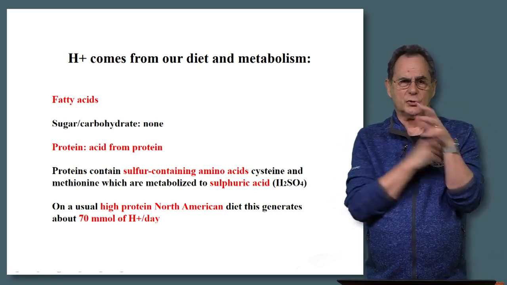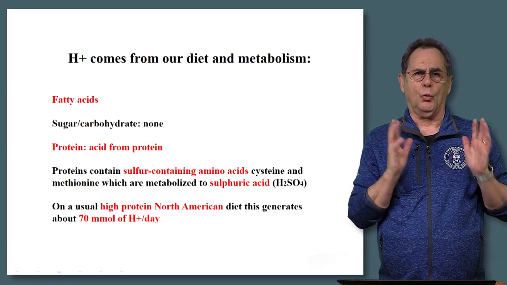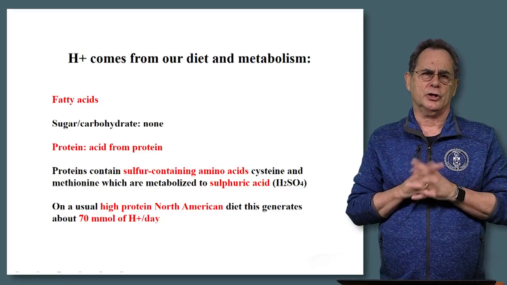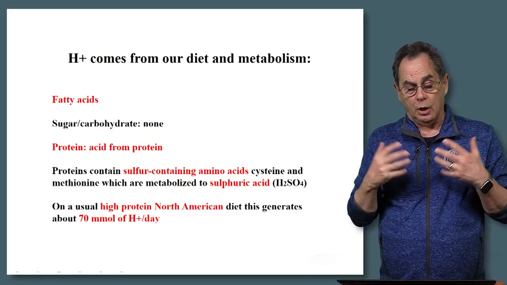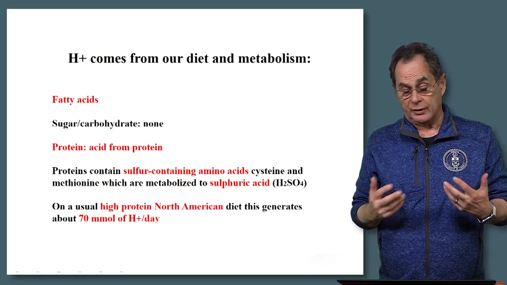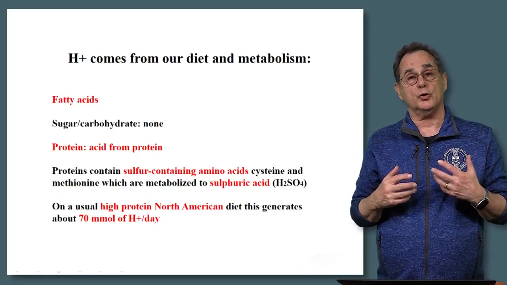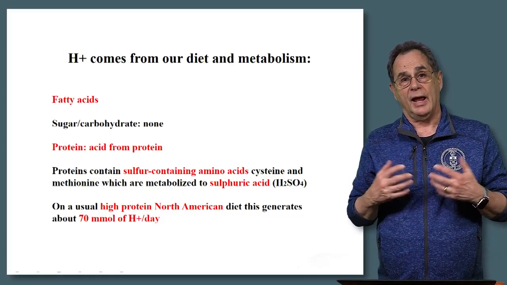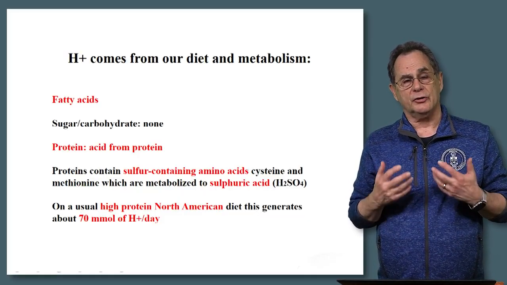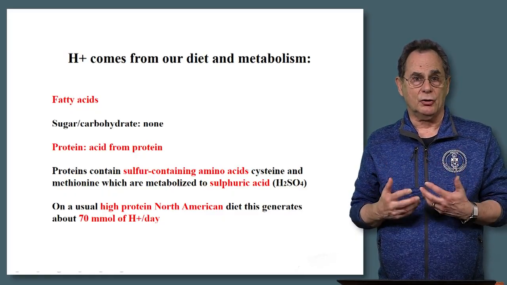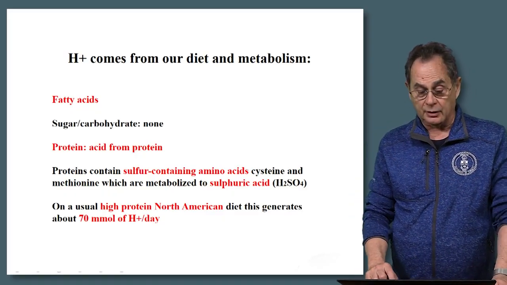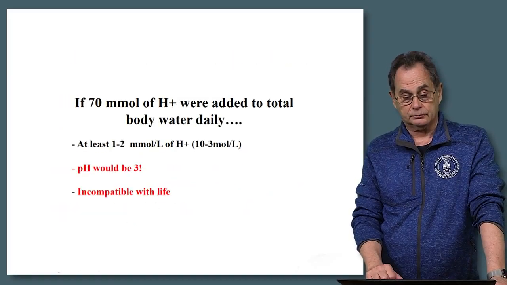In clinical terms, we typically think of it as about 1 millimole of hydrogen ion per kilogram body weight. So fatty acids, carbohydrates not so, proteins produce hydrogen ion. And typically the major proteins responsible for that contain the sulfur-containing amino acids.